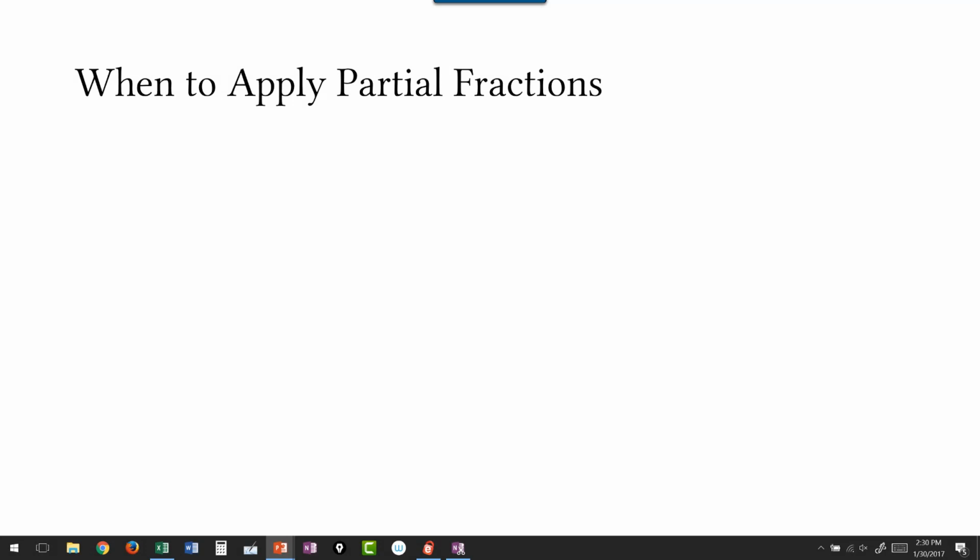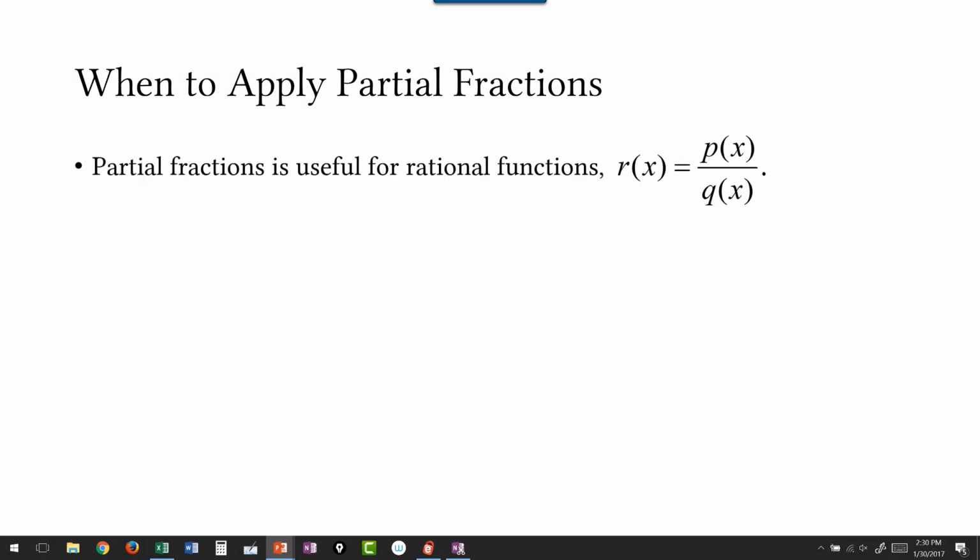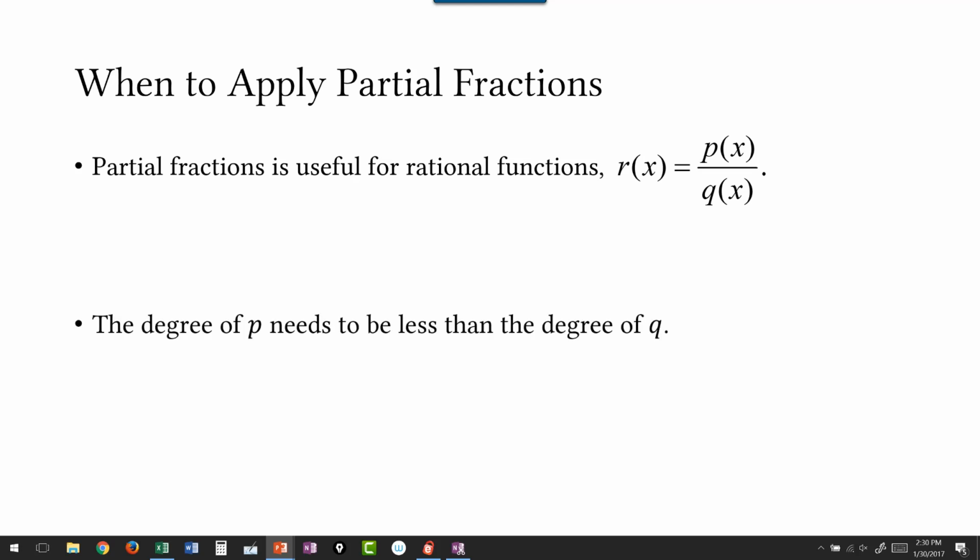So partial fractions is appropriate when we have a rational function to begin with. And in addition to that, we do need for the degree of the numerator to be less than the degree of the denominator. Now, of course, there are rational functions for which that's not the case.